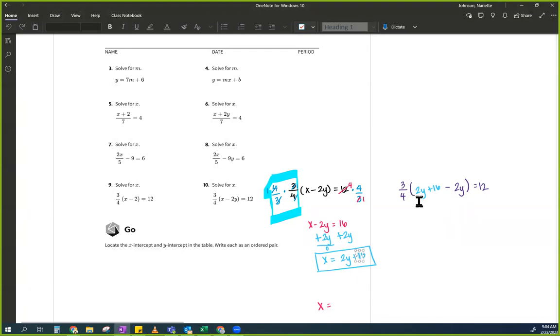And then we would have to divide the fraction. Wait, hold on. Let me catch up to you. So you're saying 3/4, and then 2y minus 2y equals 0. Is that what you just said? 2y minus 2y equals 0, right? So all I'm left with is that 16. Oh, that makes sense, right?